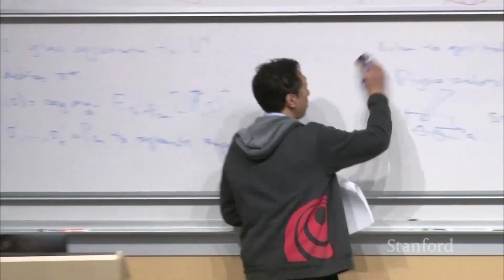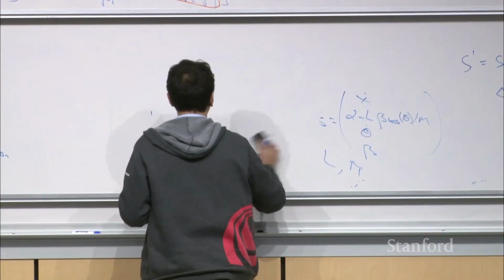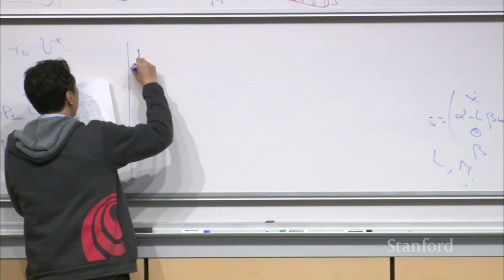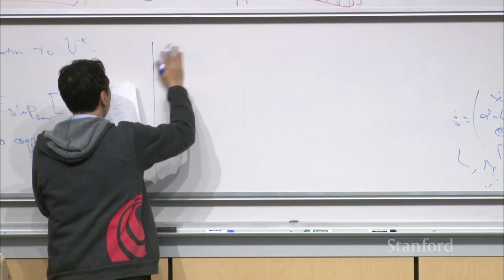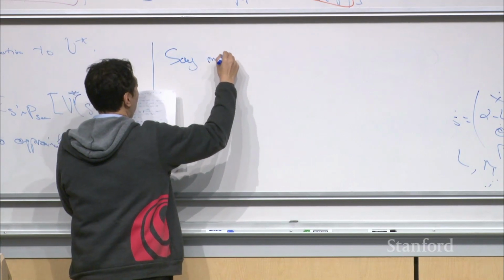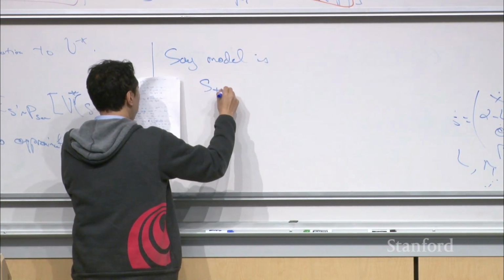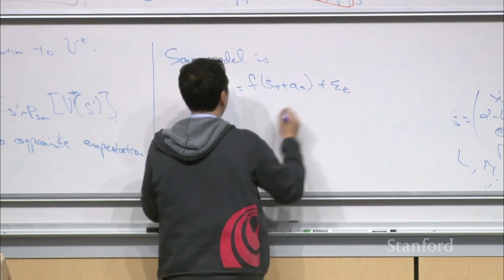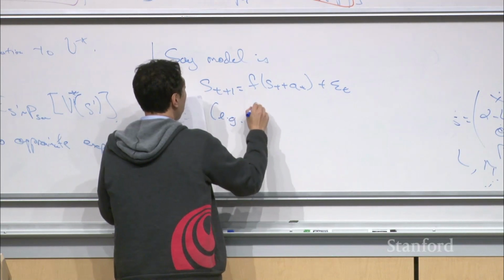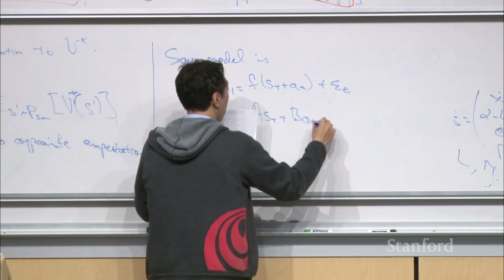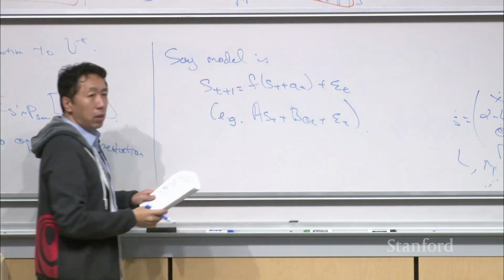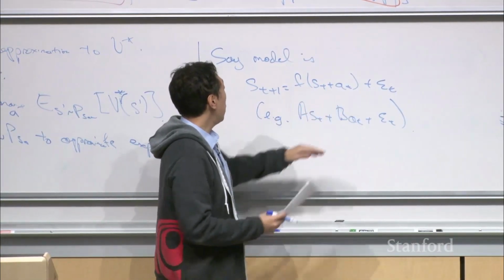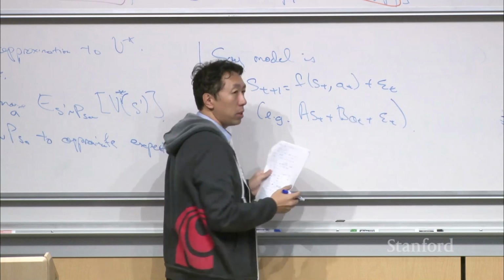So as a practical matter, there are a couple of tricks that people often use. The simulator is often of this form. Most simulators are of this form: the next state is equal to some function of the previous state and action, plus some noise.